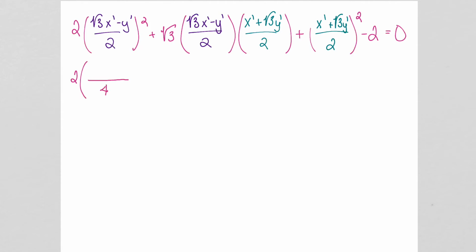On the top, we've got root 3 x prime minus y prime times root 3 x prime minus y prime. So we're foiling. If you need to go to the side and actually foil this on a scrap sheet of paper, please do that, because like I said, you do not want to make a mistake. But I'm not going to do that. I'm going to go ahead and tell you what it is here. But in the future, you're going to want to go to the side and make sure that you foil these absolutely correctly.